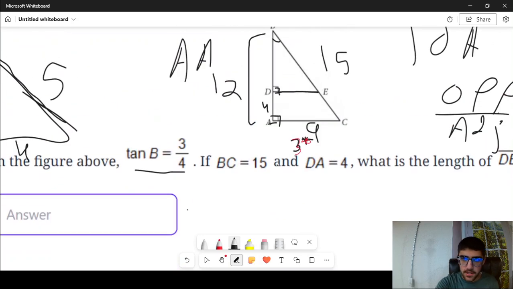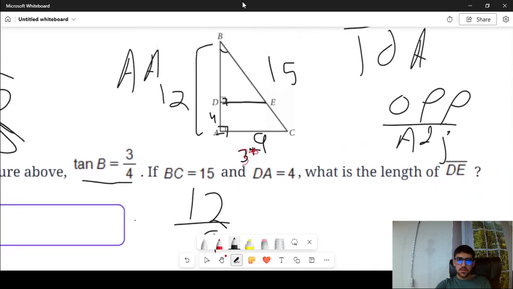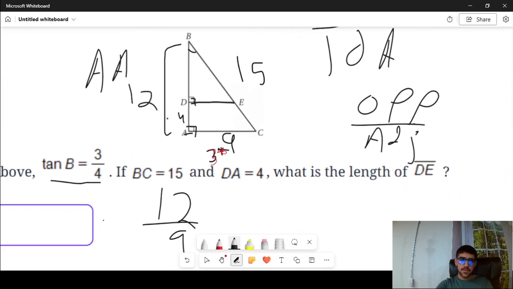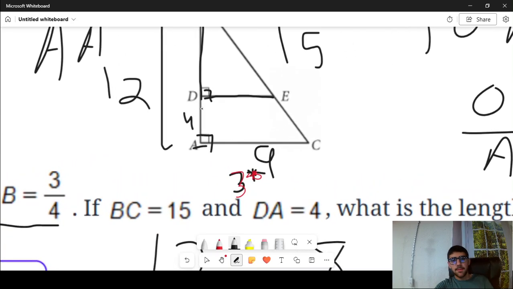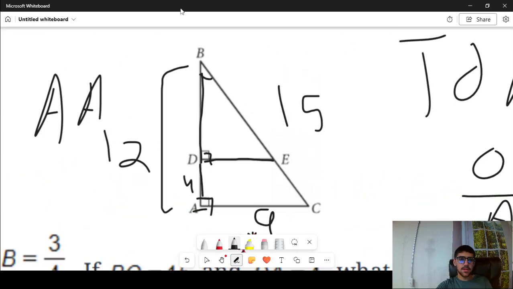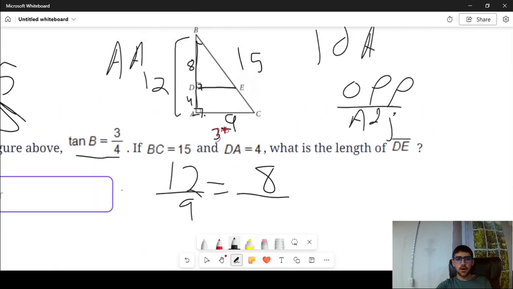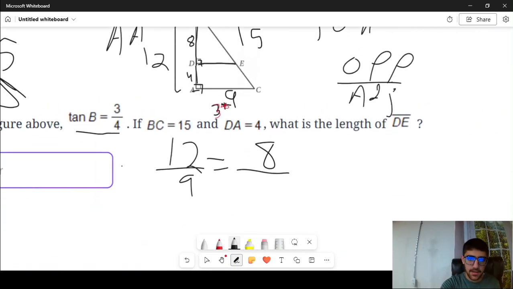So I'm going to get 12 over 9, equal to the top part, which is 12 minus 4, equals 8. How did I know it's 8? Because this bottom part is 4, and the whole thing is 12. 12 minus 4 means this small part is 8. And then we want DE, so 8 divided by line DE.